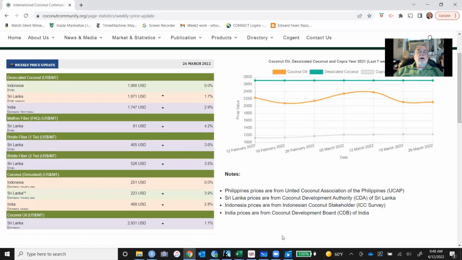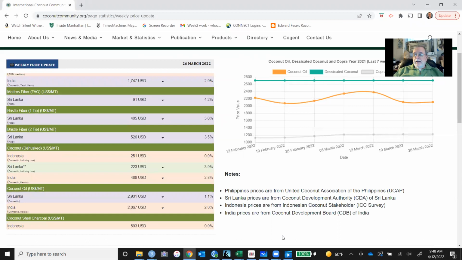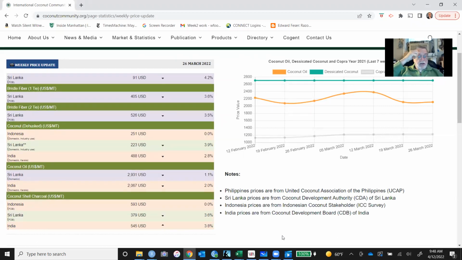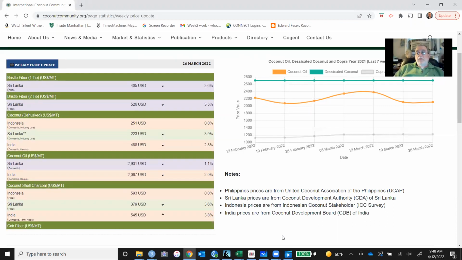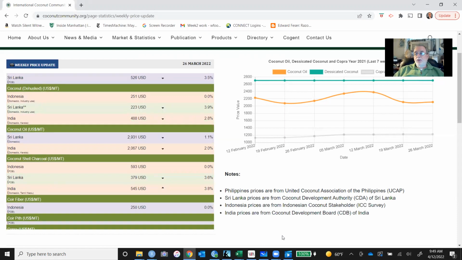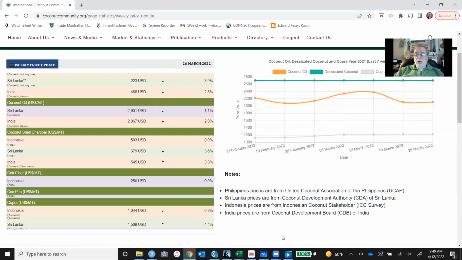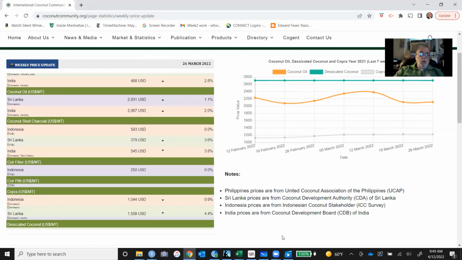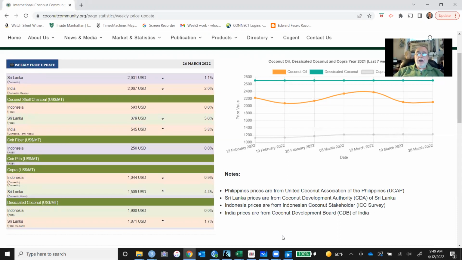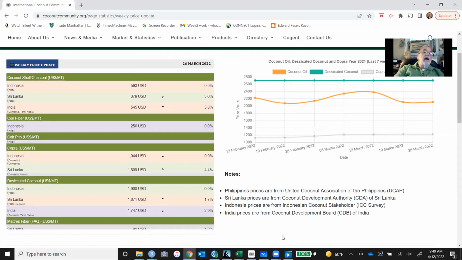and look at prices from the international coconut community, which is an industry group mainly in the southern hemisphere, out of Sri Lanka, India, Indonesia, which are the primary, and the Philippines as well. And you can see those notes there about these weekly price updates that are across the spectrum of products. There's a wide variety of products. We're going to be looking mainly at coconut fiber.